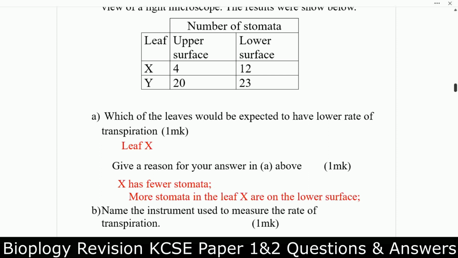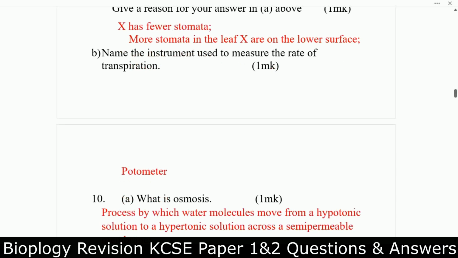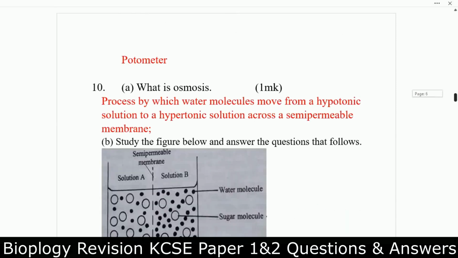So other than having fewer, most of the stomata are found on the lower surface, which is not directly exposed to the sunlight. Under the leaf, the sun does not reach there directly. You're told number B, name the instrument used to measure the rate of transpiration. That one is potometer.